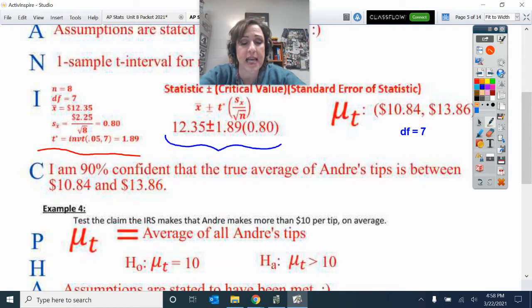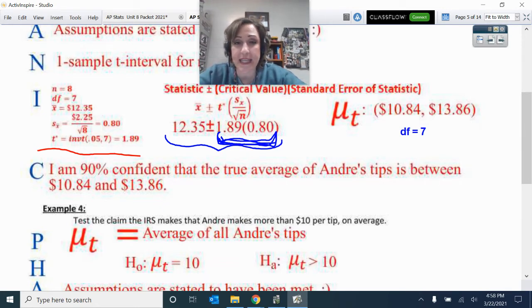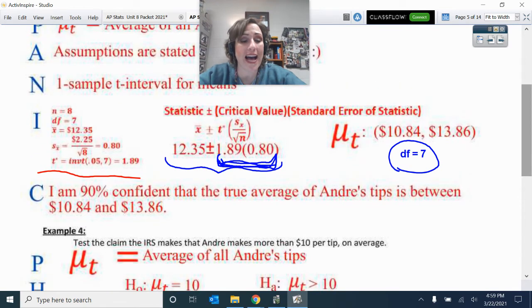I'm going to do 1235 plus this margin of error and 1235 minus this margin of error, and the result is over here. The estimate for the mean is from 1084 to 1386 with 7 degrees of freedom. So I am 90% confident that the true average of Andre's tips is between 1084 and 1386.